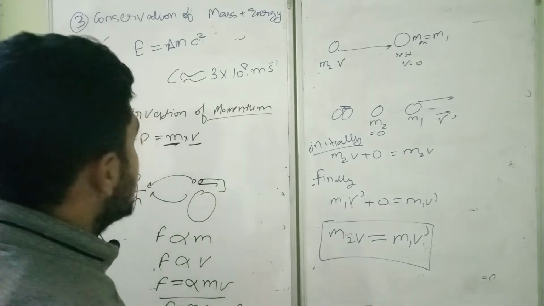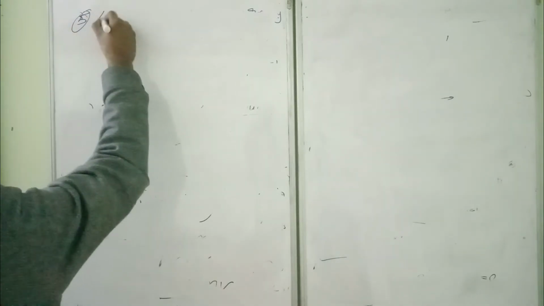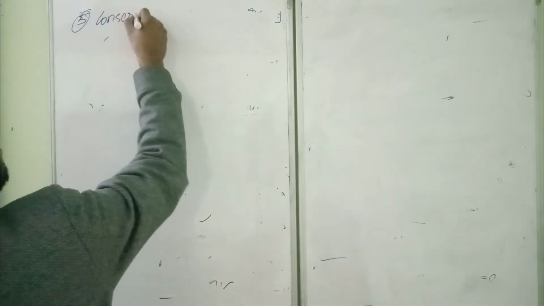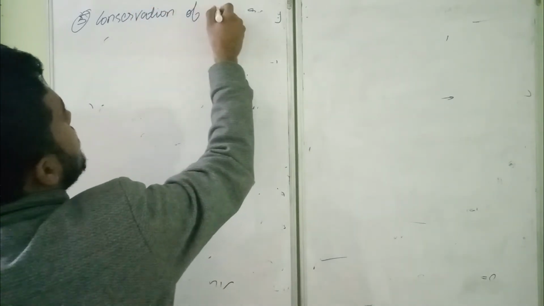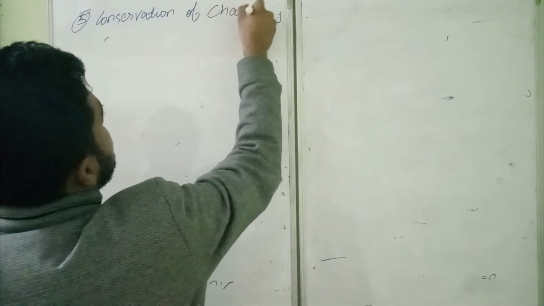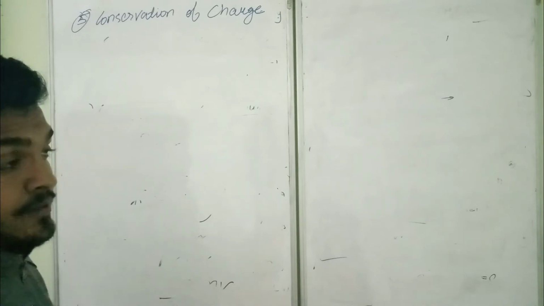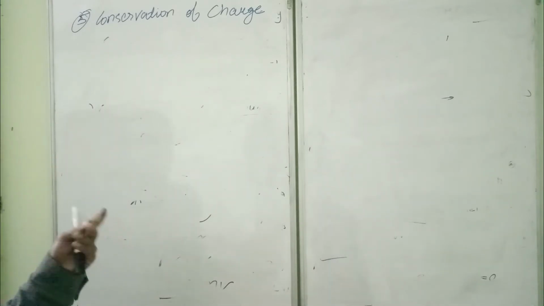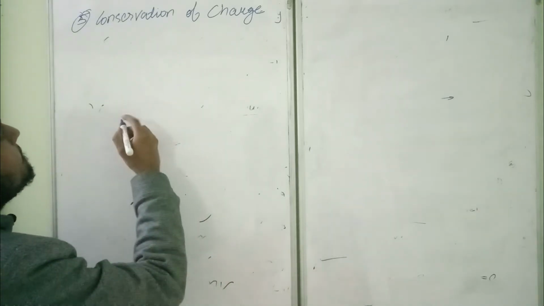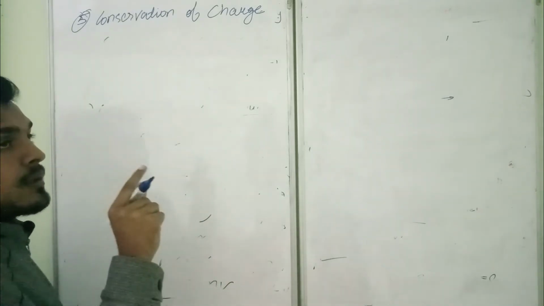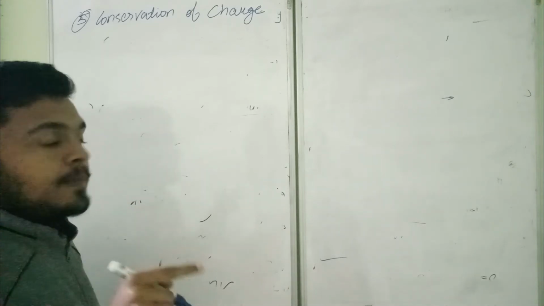So there is another conservation law. Let us study about that. And the law is conservation of charge. The charge is conserved, and this is a very obvious law, because charge can neither be created nor destroyed.